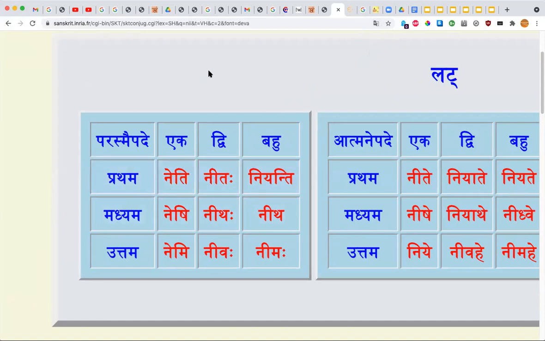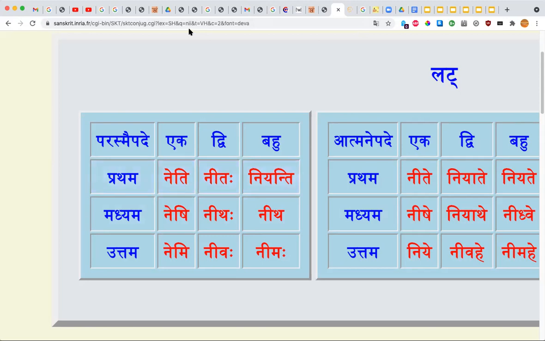What I'm saying is, look at the lat lakara prathama ekavachana. It will serve as a good check whether you're looking at the right dhatu, whether you're looking at the right class and all of that. For the most part, the class will be 1, so don't worry about that.